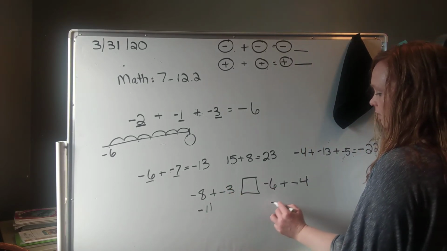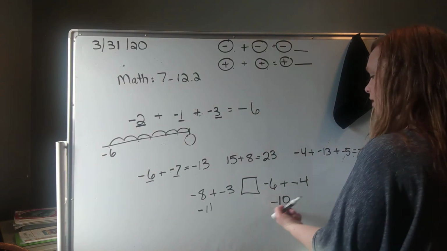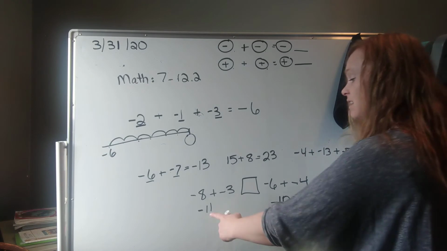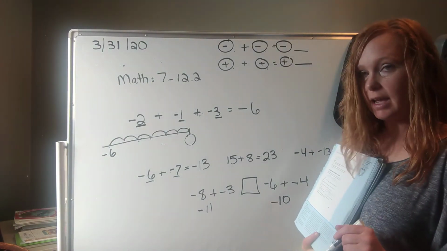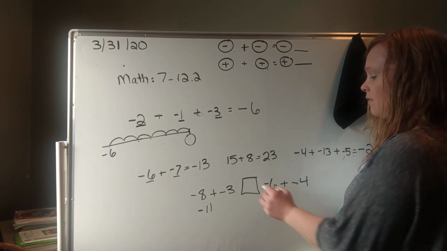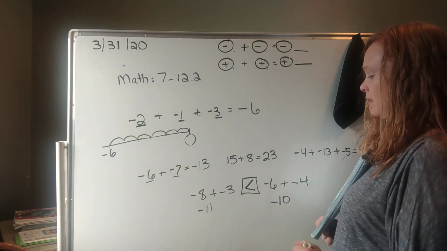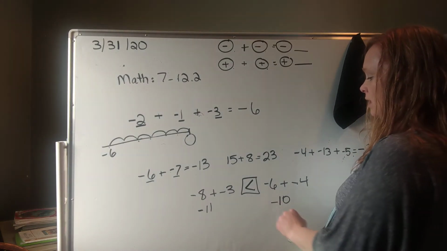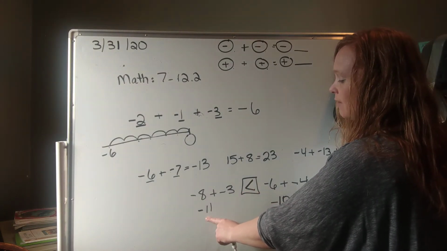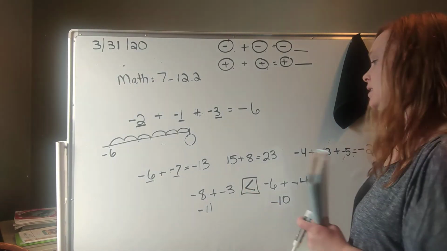Negative and negative, and 6 plus 4 is 10. Now I need to look at these. My inclination is to say 11 is bigger, but you learned yesterday that we have to think on a number line. I would rather have a -10 in my bank account than a -11. So -10 is greater than -11, or -11 is less than -10.